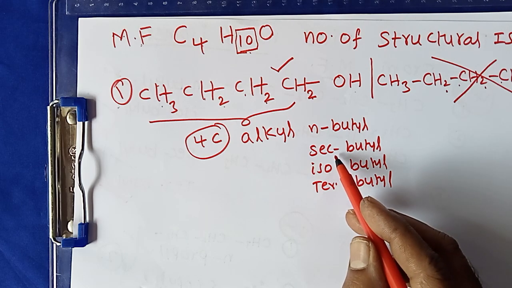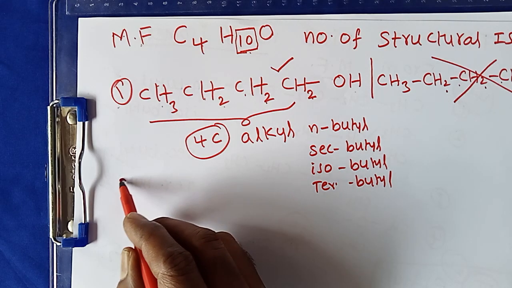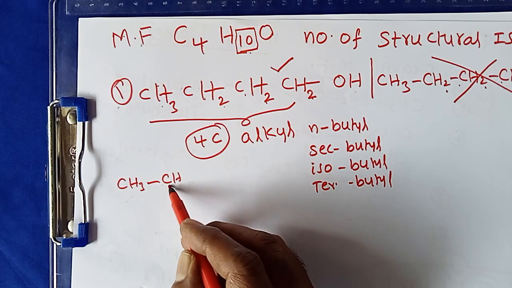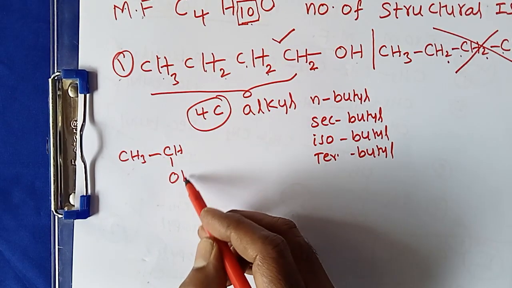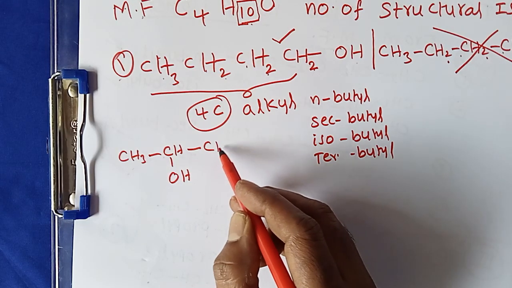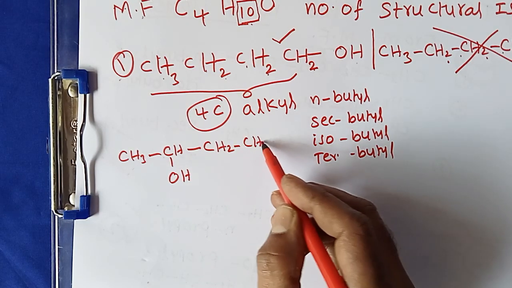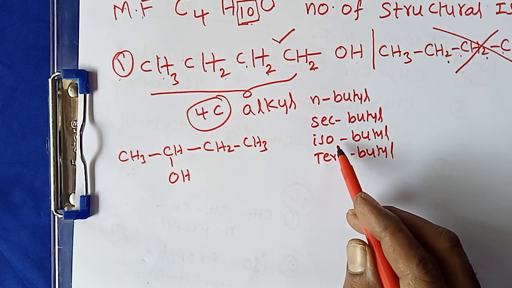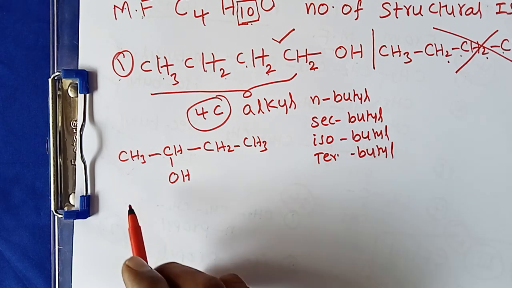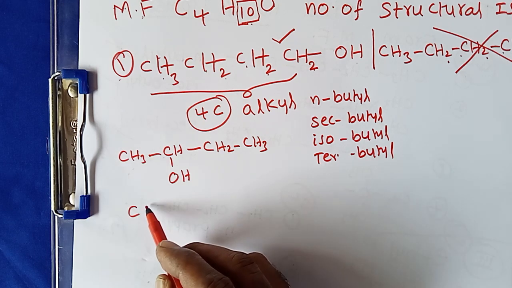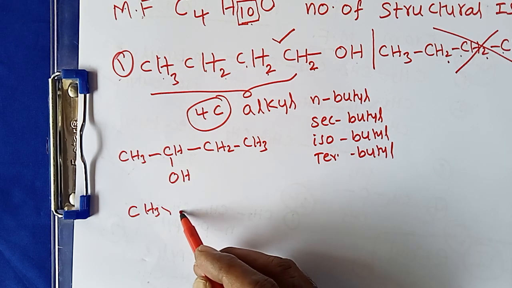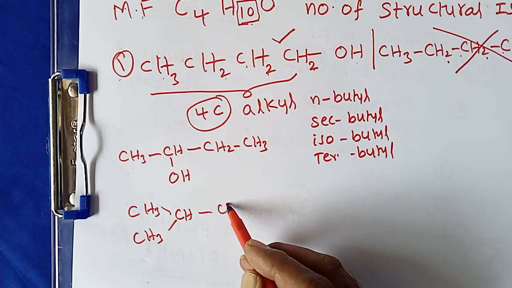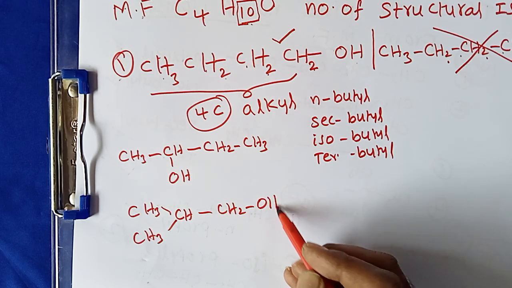The next isomer is the second isomer. You write down secondary butyl. Secondary butyl means what? CH3, CH, and this is the OH, and CH2, CH3. Secondary butyl alcohol. Third one, isobutyl alcohol: CH3, CH, CH3, again CH2, OH.